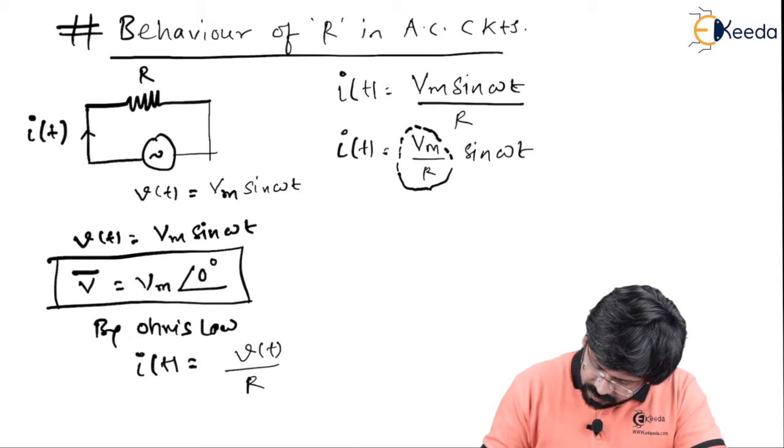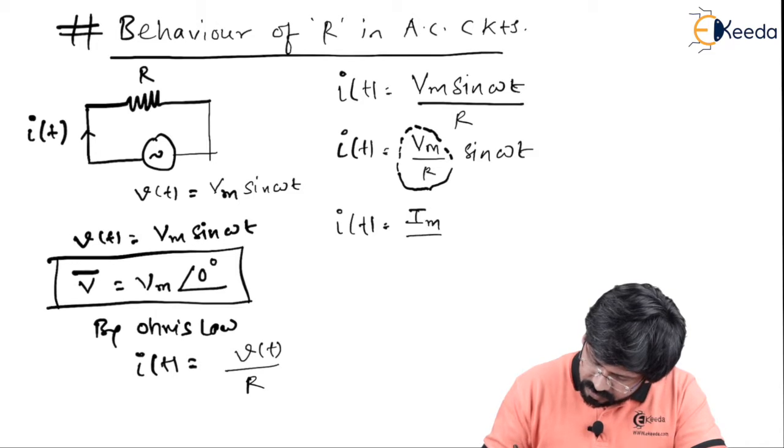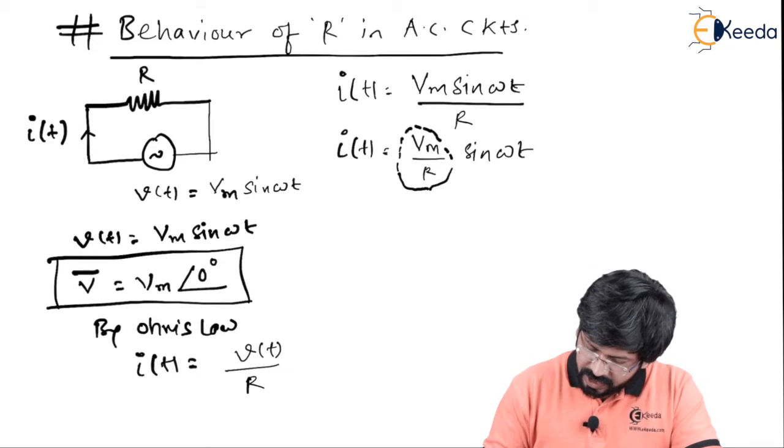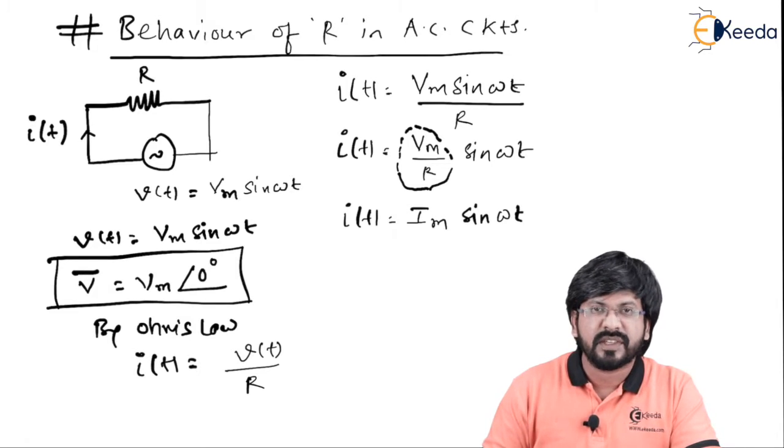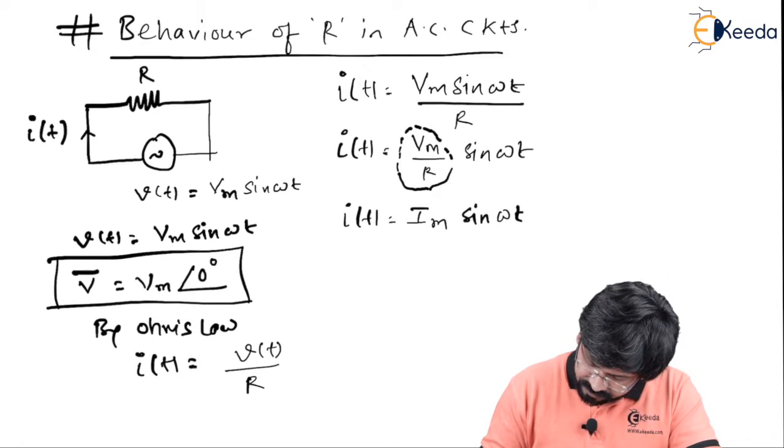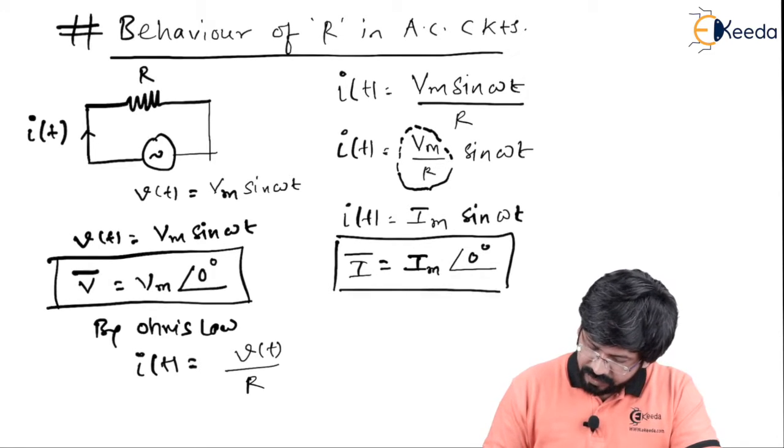I can replace Vm by R as Im, so I of t is Im sine of omega t. Therefore, now I vector, I can write it as Im at an angle of 0 degree. So this is the value of I vector.